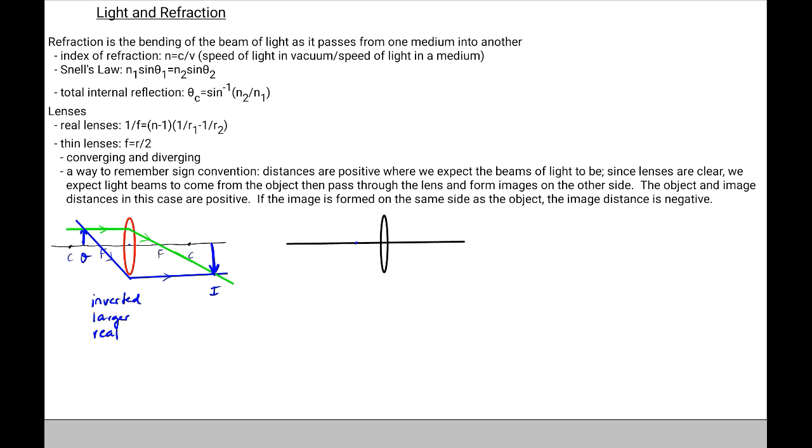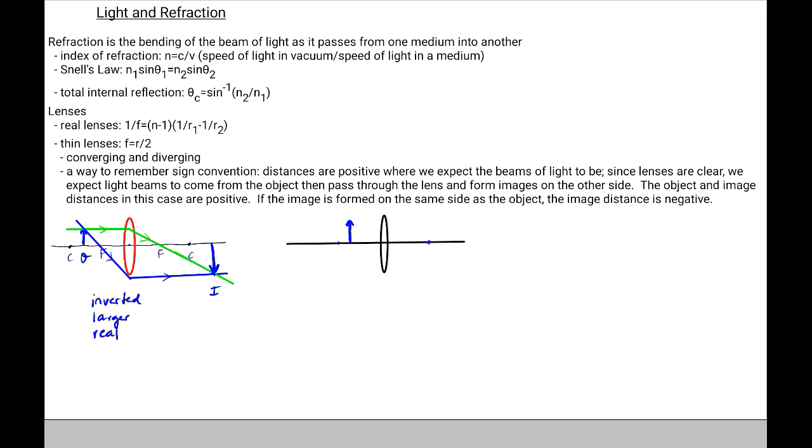Oh, let me move it a little bit. So put the focus here, put another focal point over there. Make sure that in your drawing this distance and that distance are the same, otherwise your images don't look very good. And let me place an object, and I'm going to put the object here.